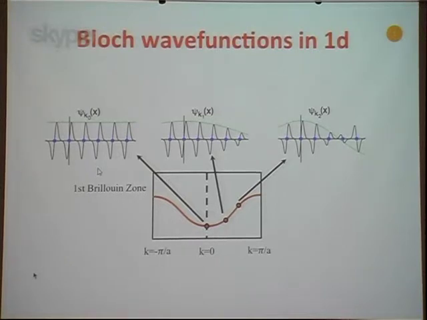And one other outcome of Bloch's theorem is that the k that we need to consider are only the k contained in the first Brillouin zone, the unit cell of the reciprocal lattice, that for a one-dimensional system where the direct lattice has a unit cell of length a, in reciprocal space goes from minus pi over a to pi over a. So that red line are the eigenvalues as a function of k for the first quantum number, n equal to 1.